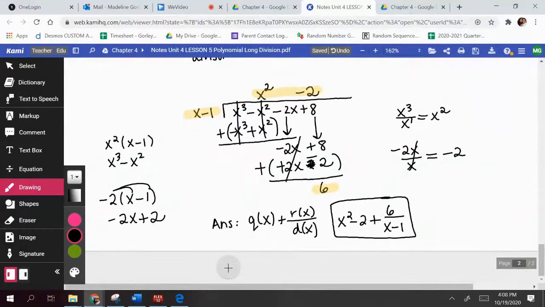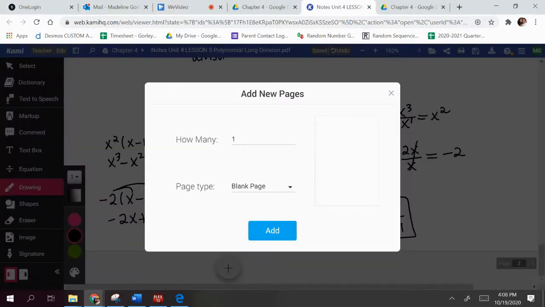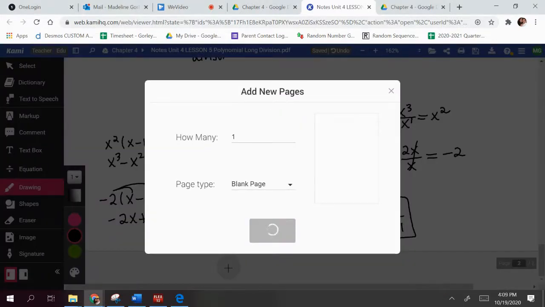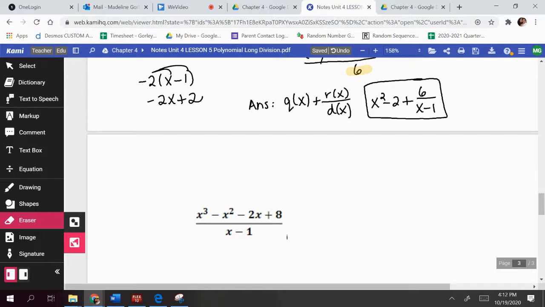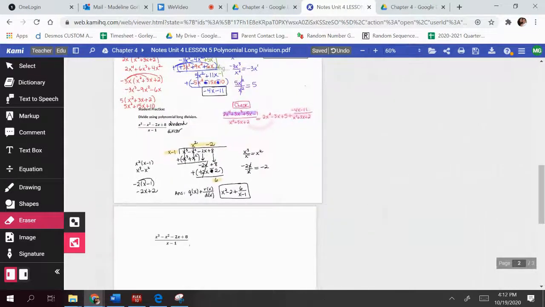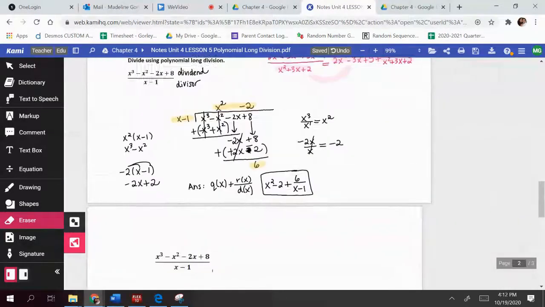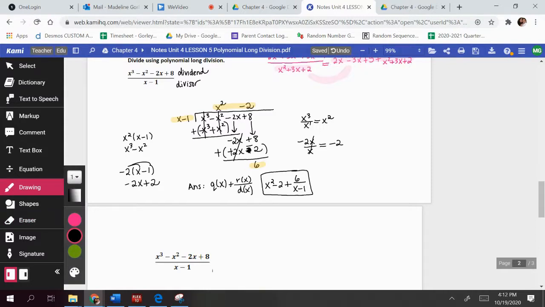Now, if I wanted to check my work, I could. I'll add one blank page just so that I can show you how I would check my work. Okay, so remember we started with this x cubed minus x squared minus 2x plus 8 over x minus 1. And after we did the long division process, our answer was x squared minus 2 plus 6 over x minus 1.